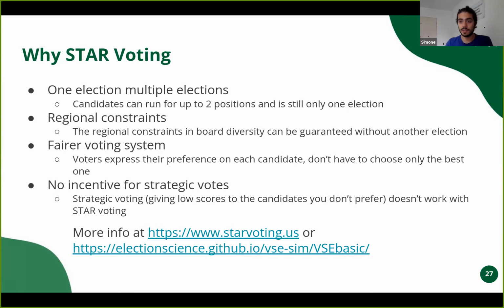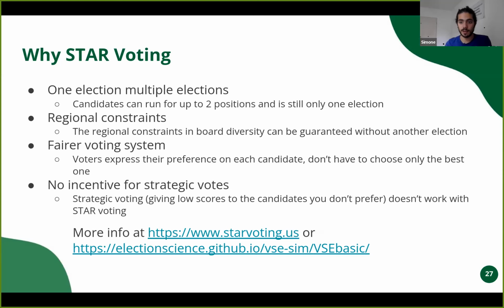So currently in our piece we have this score voting system, which doesn't include the second step of the runoff, which in a way is simpler, but the problem with that voting system is strategic voting, which basically means that if you give 5 to your favorite candidate and 0 to the others, you are not really expressing how much you like the candidates.